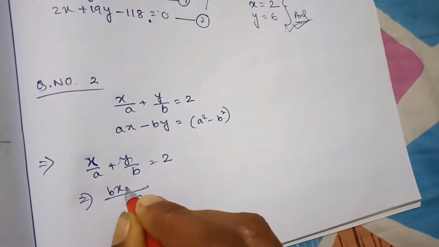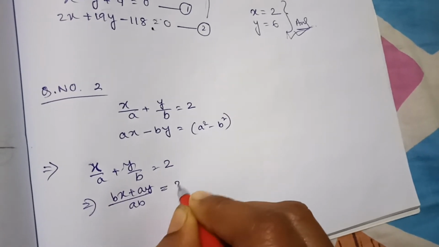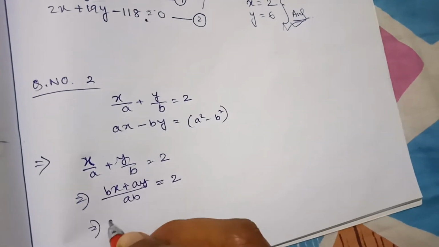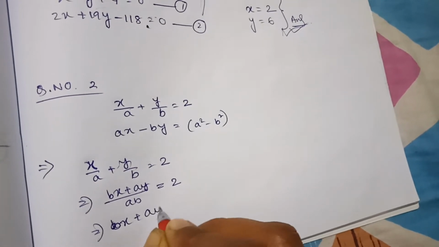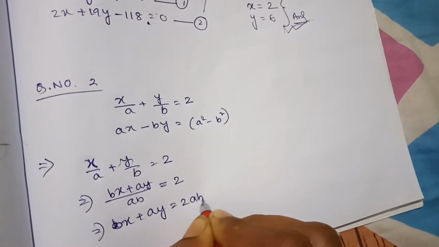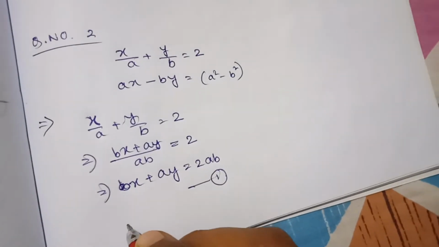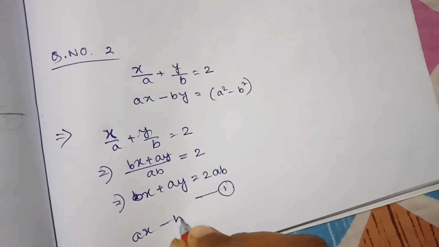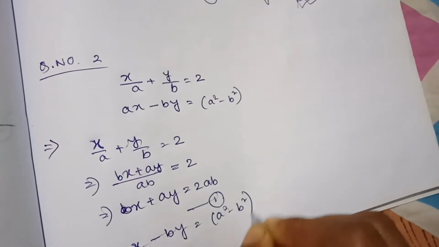So it is bx plus ay equals 2, that means bx plus ay equals 2ab. So this is equation number 1, and number 2 is already there: ax minus by equals a square minus b square.